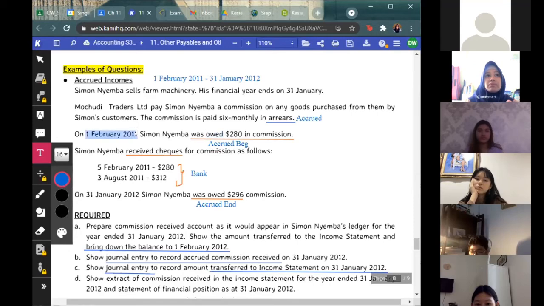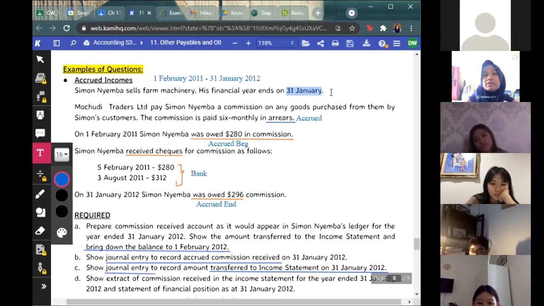1 February 2011 indicates that this is the start of your accounting period. How do you know that? Because the year ends on 31 January, and after 31 January follows 1 February, right?